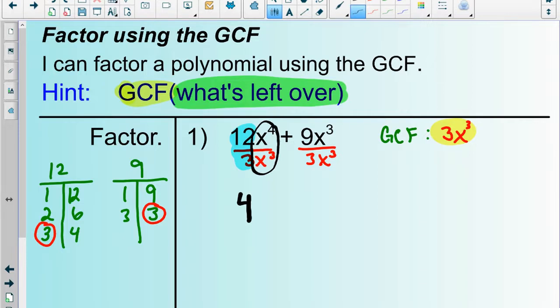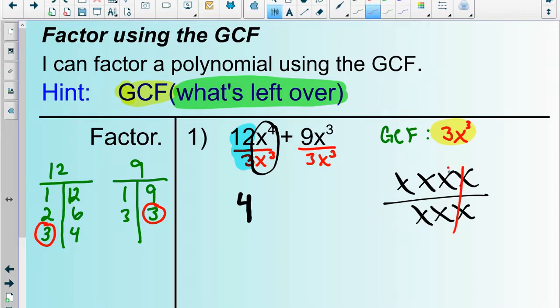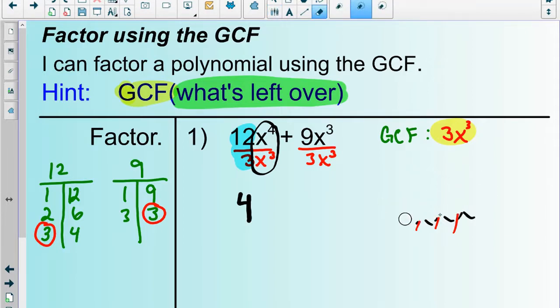But I say divide powers of x, but what I really mean is use the law of exponents, which says subtract the exponents. Because remember, it would be like taking x to the fourth power divided by x to the third power, in which case we can cancel common factors, leaving you with just x to the first power, since 4 minus 3 is 1. We subtract because it's essentially like canceling.